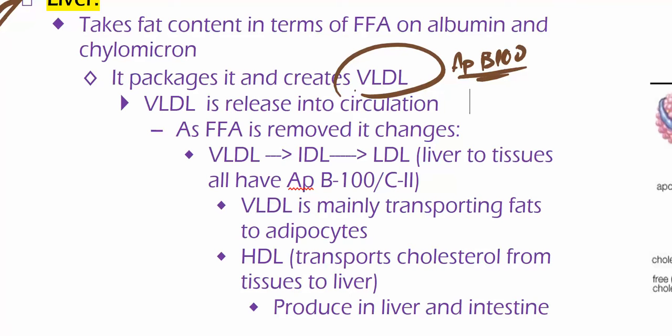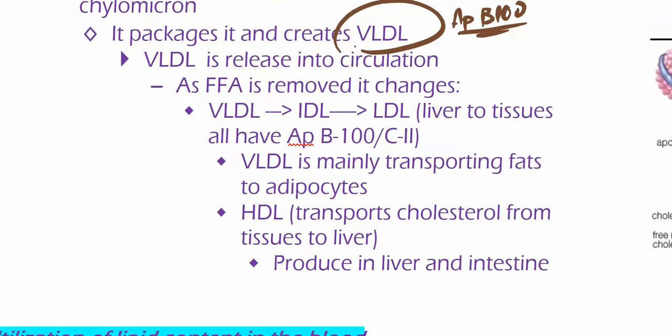The chylomicron is made in the intestine, so it's going to have apoprotein B48. So you wouldn't expect VLDL, IDL, or LDL to have apoprotein B48, because if they had it, that would mean that they're synthesized in the intestine, but they're not, so they don't have it.